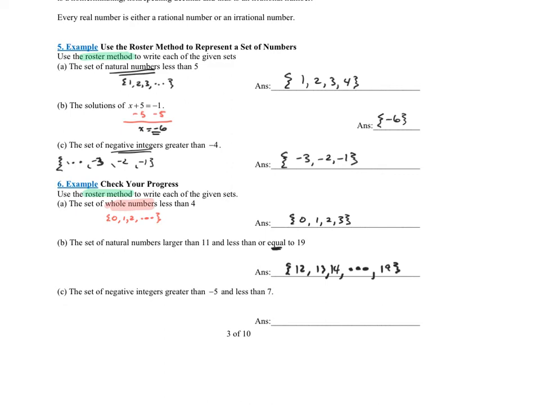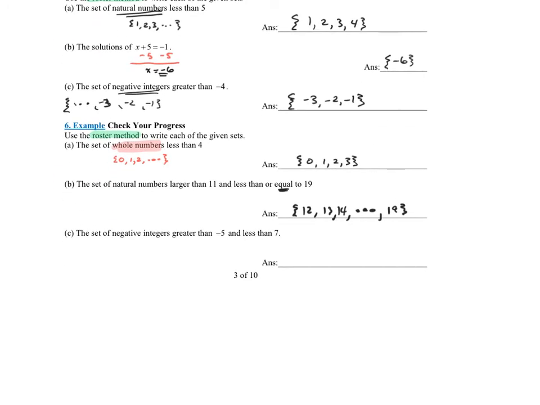Okay, it says the set of negative integers greater than negative 5 and less than 7. They're really trying to trick you on this one. Note, 0 to 6 are not negative integers.